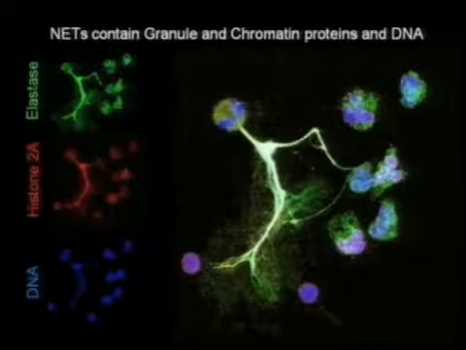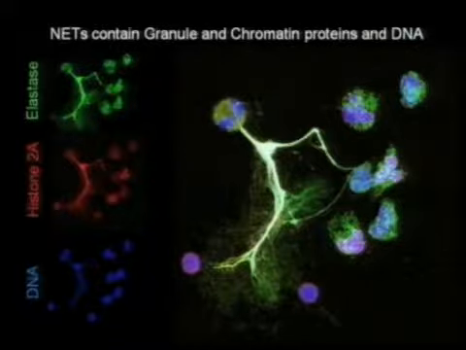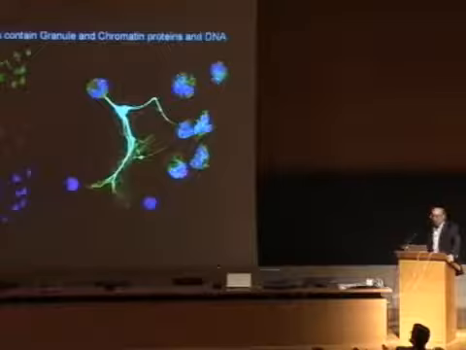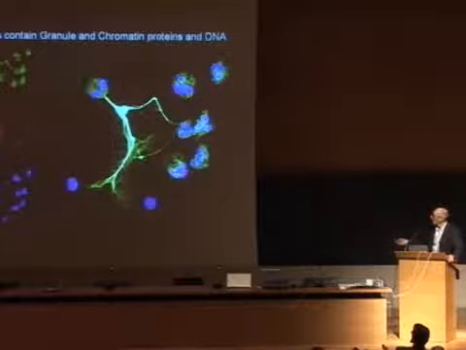So this is a classical immunomicroscopy, a confocal image, and you see the Z-stack projection. And what we did is we took elastase as a good marker for granular proteins. You can see in this neutrophil that is not activated that the elastase localizes exclusively to the granules, but when the nets are formed, it also localizes to the nets.